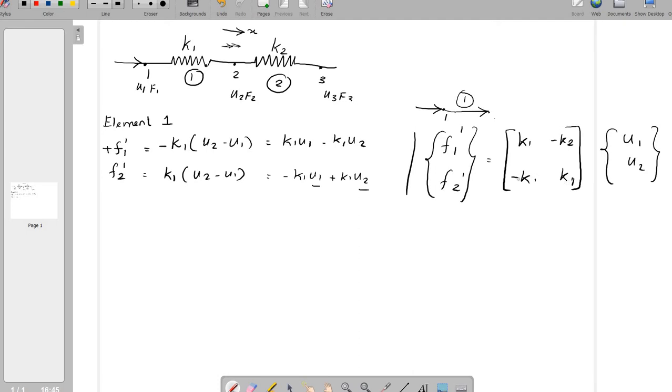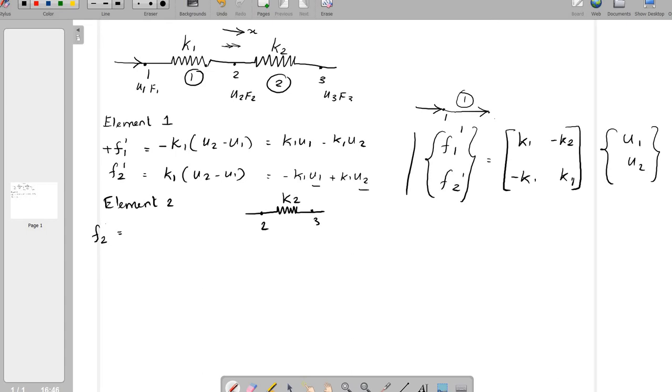Similarly, for the element number 2, you can separately consider the element where the first node is 2, the second node is 3, the stiffness coefficient is K2, and the force matrix is F2 at node 2 and F2 at node 3.